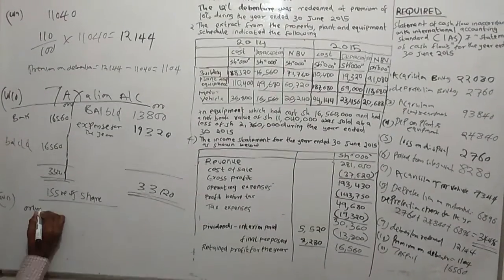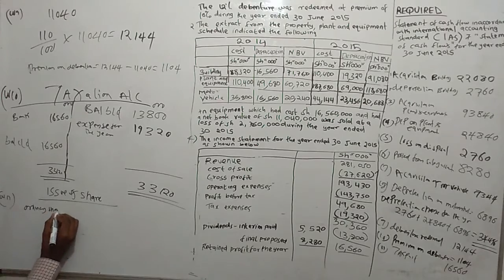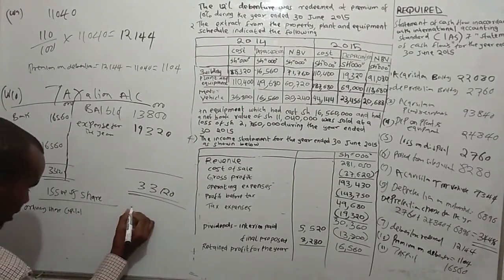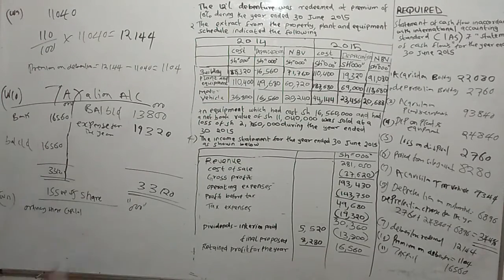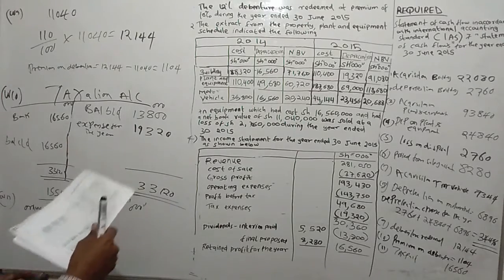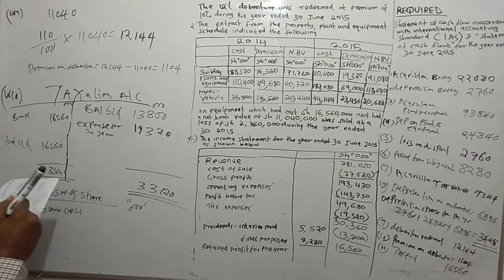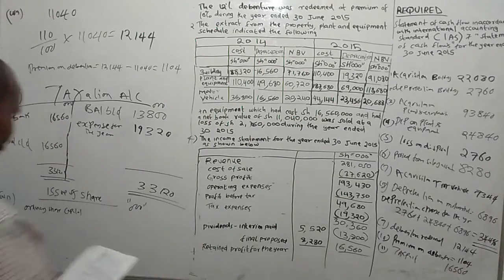Issue of shares. We are having the ordinary share capital. Remember, these figures are in thousands. We issue the shares because our shares have increased. If you go back to the question, it has increased from 126,400 to 181,600.